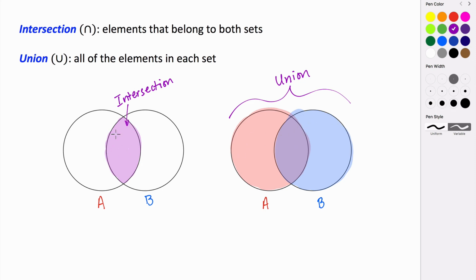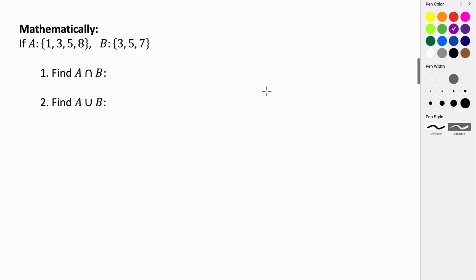So let's take a look at how we can represent the intersection and union of sets when we're actually given two sets that contain numerical values. So mathematically, how would we talk about this? We have the set A that contains the elements 1, 3, 5, and 8, and set B contains the elements 3, 5, and 7.